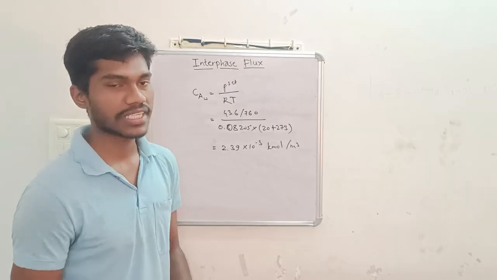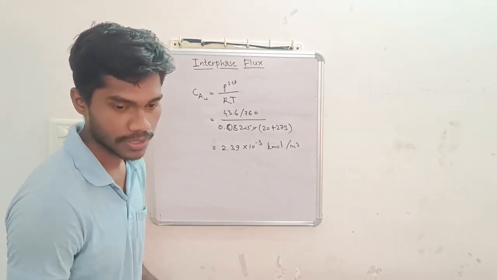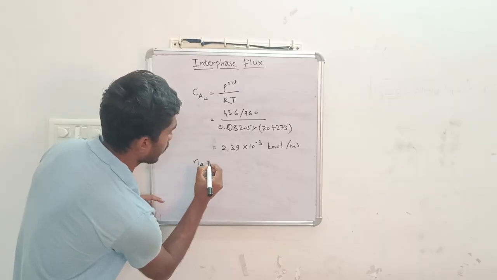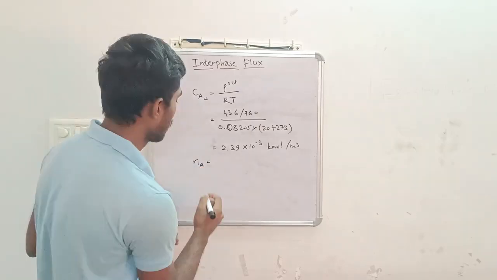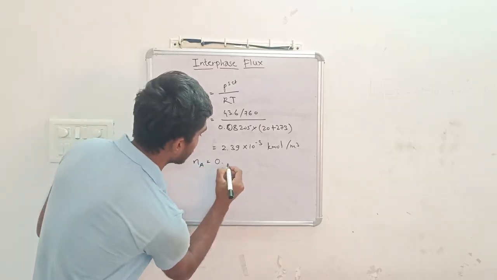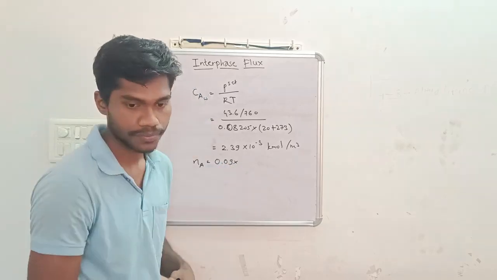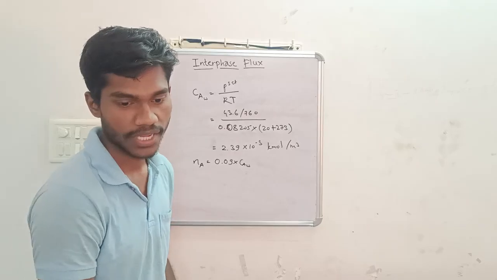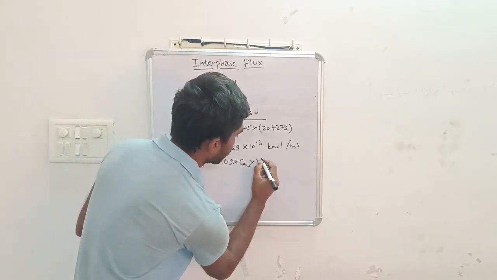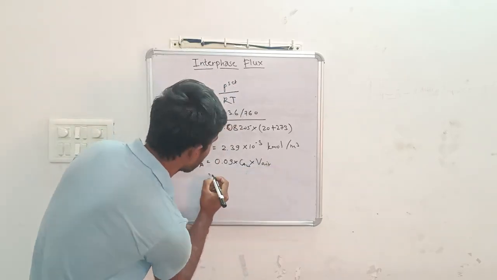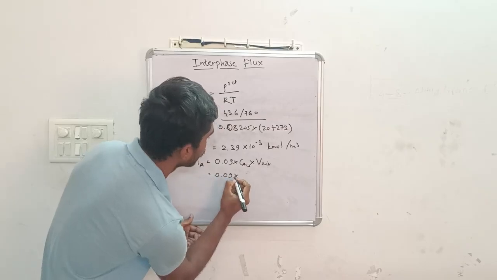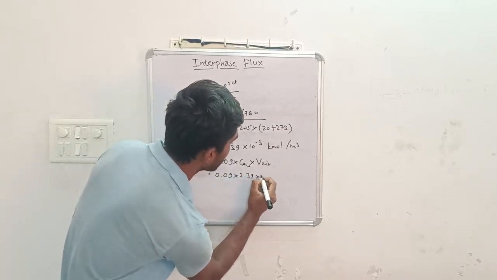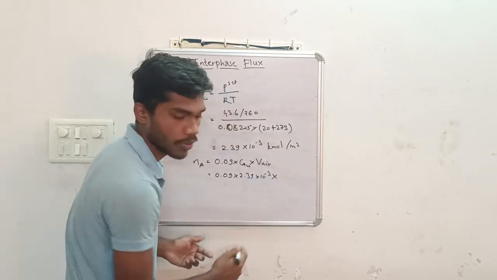Now we have to calculate the moles that are evaporated. So NA equals 9%, that is 0.09, into CAW, the concentration of ethanol in air, into volume of air. So 0.09 into CAW, calculated above, 2.39 into 10 power minus 3, into volume of air.